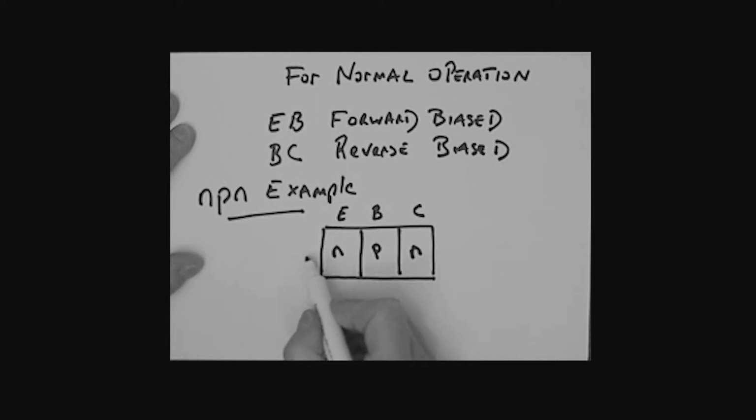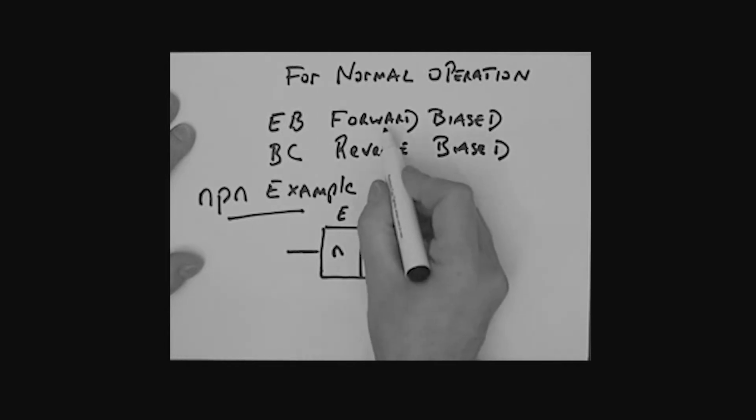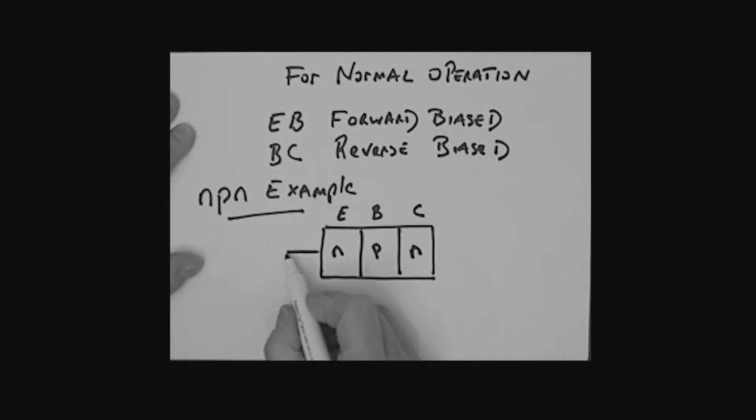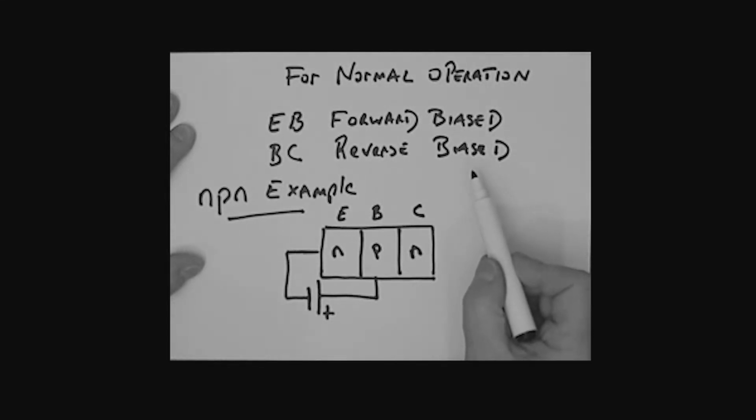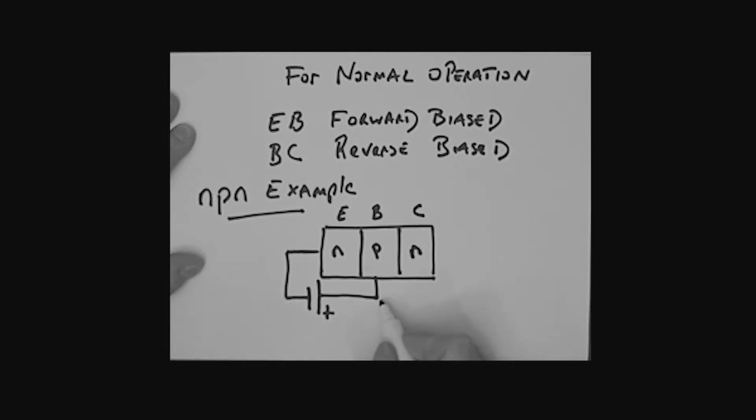This is a pictorial way of looking at it. Okay, the emitter base junction should be forward biased. So let's show that. There we are, with the positive side connected to the base. The base collector junction is reverse biased. This is for normal operation. So we'll show that like so. This is the positive side connected like this.